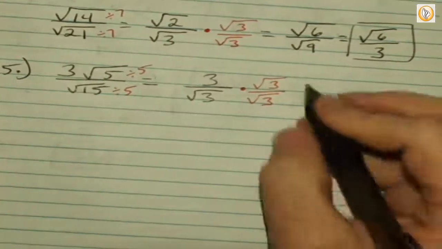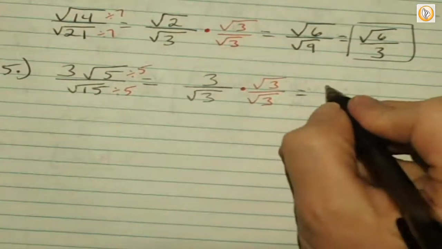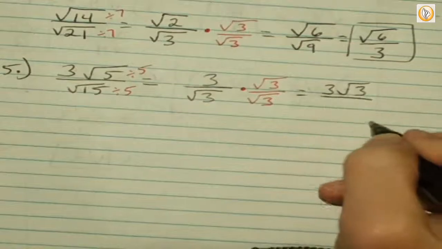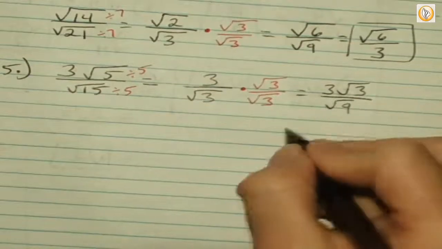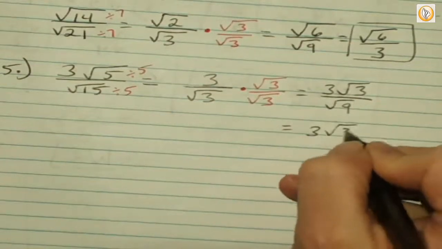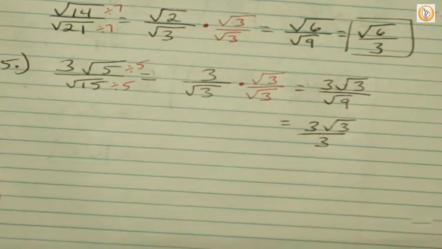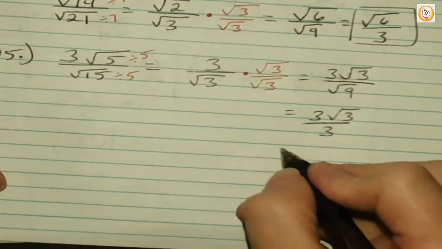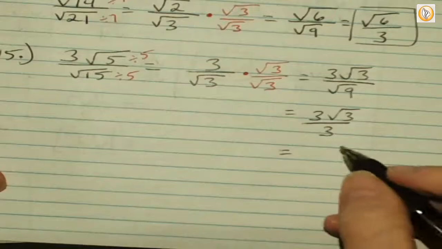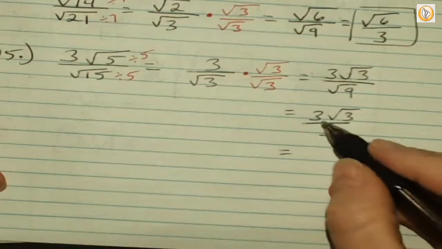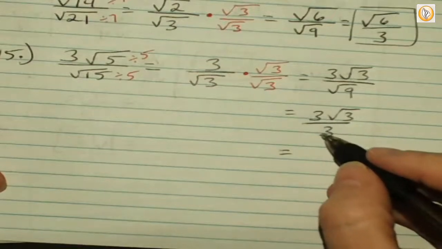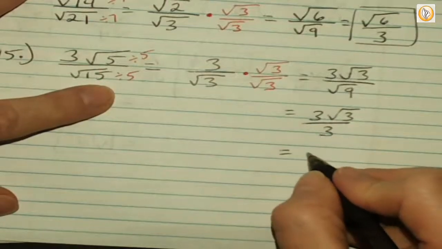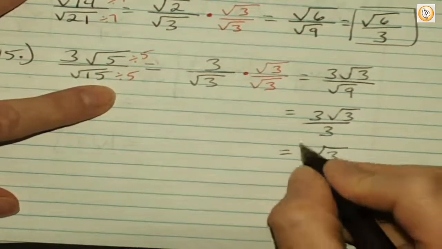Then you get on top 3 times the square root of 3 over square root of 9, which is 3. Am I done? No, the 3 and the 3 cancel out. 3 divided by 3 is 1. So then what's your answer? Square root of 3. And there you are.